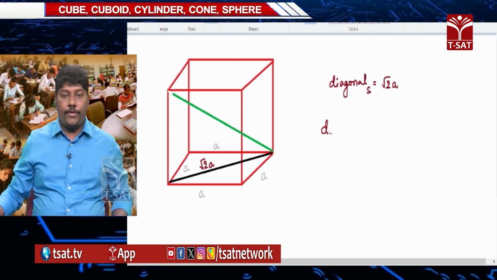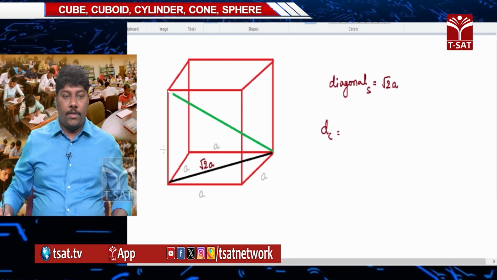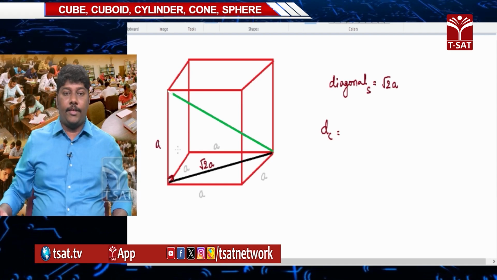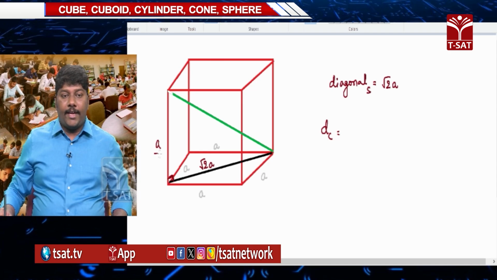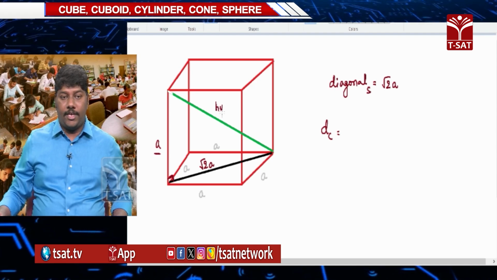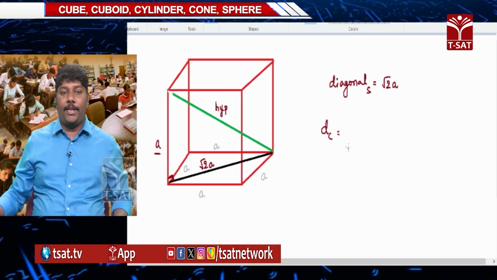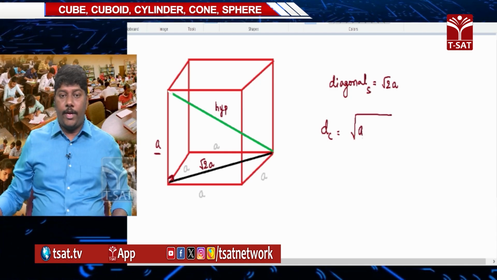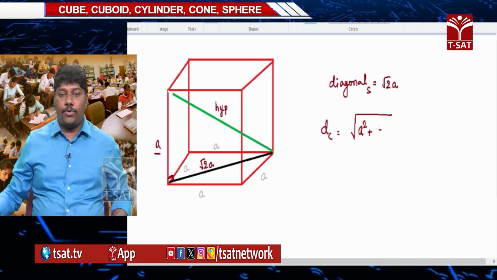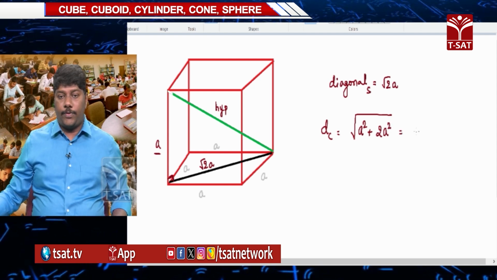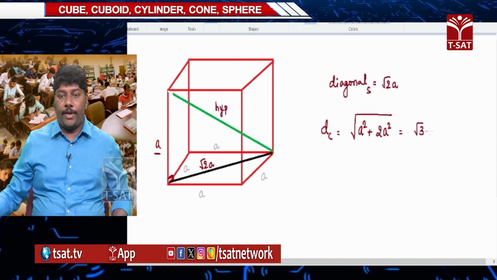For the diagonal of the cube, by the Pythagoras rule, because it is 90 degrees, if you take a and root 2a as the two sides of a right angle triangle, the hypotenuse becomes that imaginary line, the largest possible length inside a cube. That is the square root of a squared plus root 2a whole squared, which is 2a squared. Put together, it becomes the square root of 3a squared, which is root 3 times a.